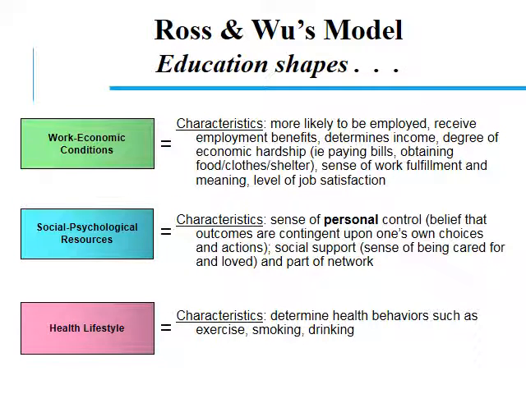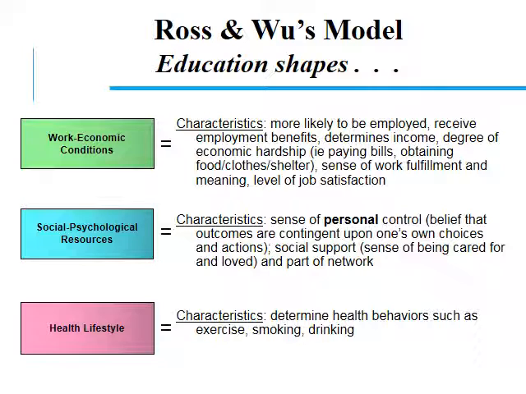Work economic conditions, that people with higher education are more likely to be employed, receive benefits. It determines your income, your degree of economic hardship, your sense of work fulfillment, your meaning of employment and a career, your level of job satisfaction.